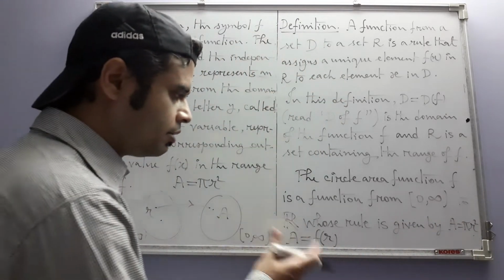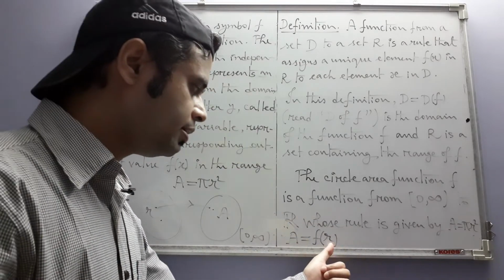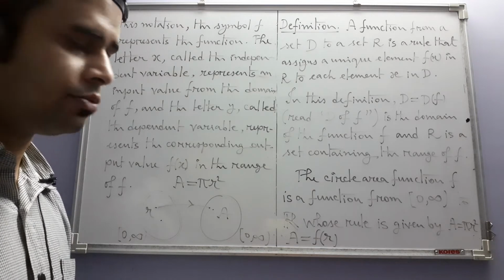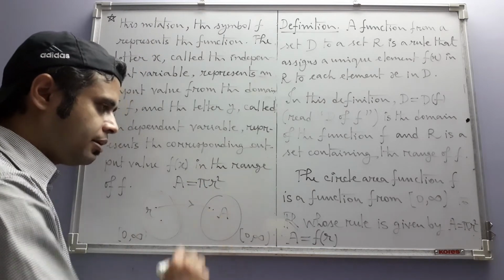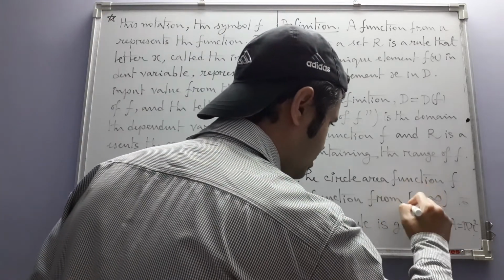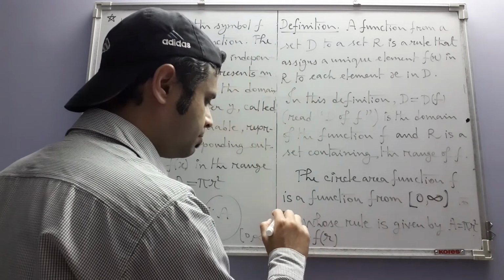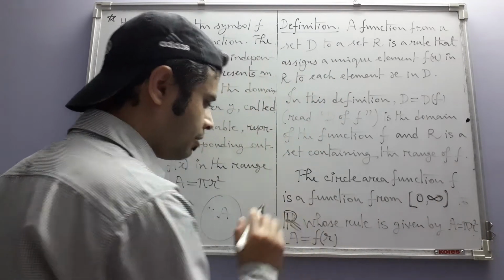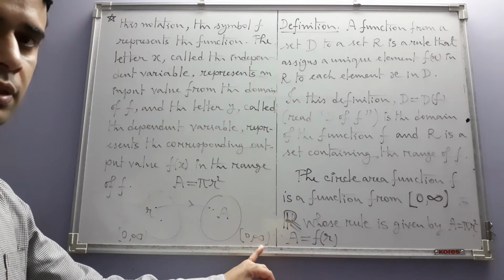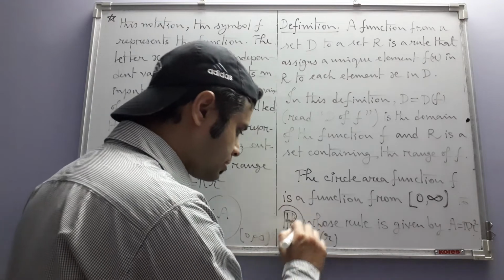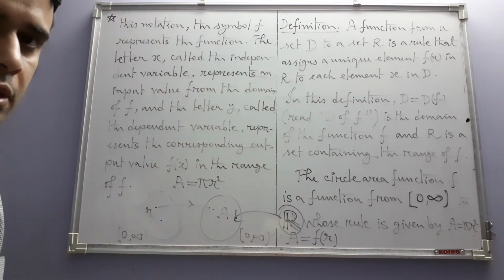Okay, so that is the formula or the rule which tells us how to link the independent variable and the dependent variable. Now note that unlike what we previously had, we are now defining the function from this set to the set of real numbers. This is not, of course, equal to the non-negative real numbers. This is a set that contains the range inside of it as a subset.